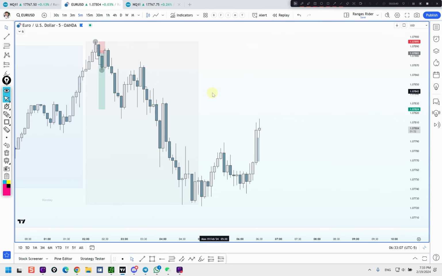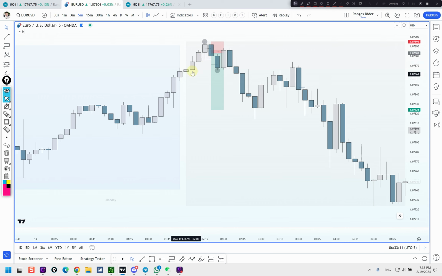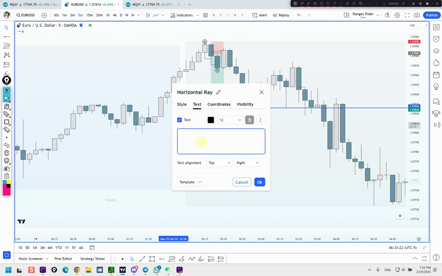On the 5 minute time frame, I always check which one is the swing point. And can you see that this is the swing point on the 5 minute time frame? Let's draw something like this. 5 minute.